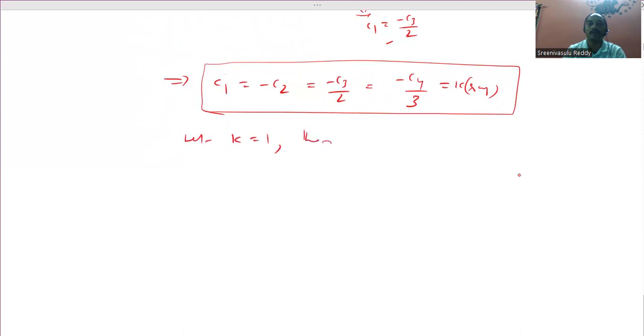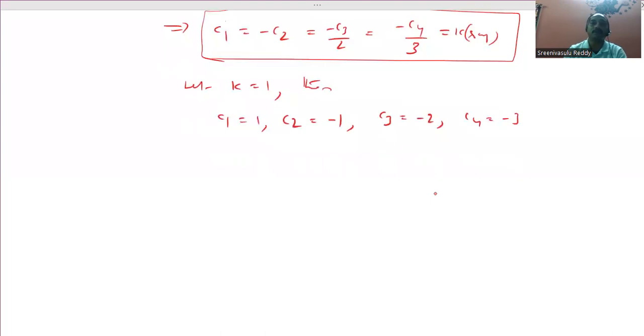Then C1 becomes 1, C2 equals minus 1 because C2 equals minus C1, similarly C3 equals minus 2 and C4 equals minus 3, such that C1 into vector x1 plus C2 into x2 plus C3 into x3 plus C4 into x4 equals 0.